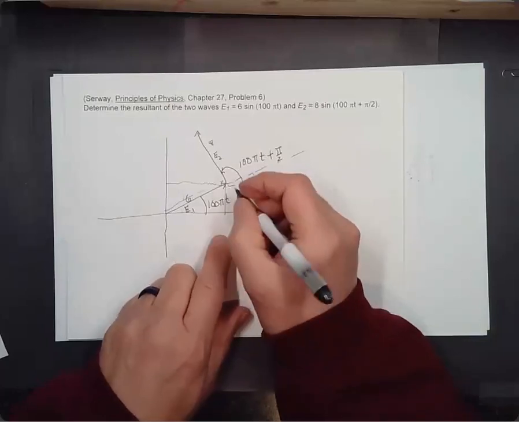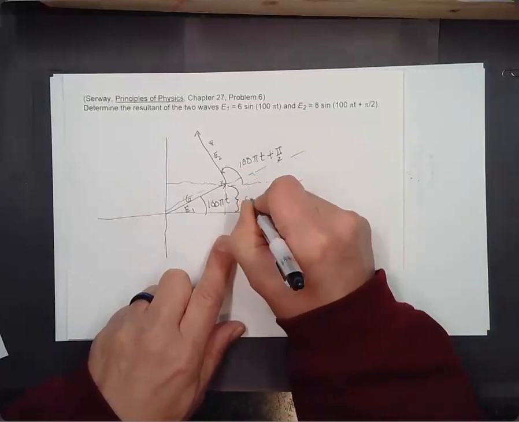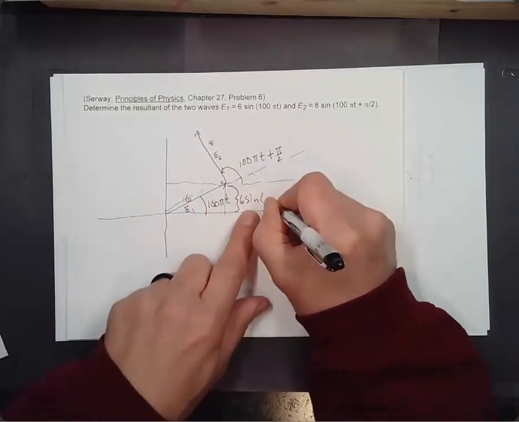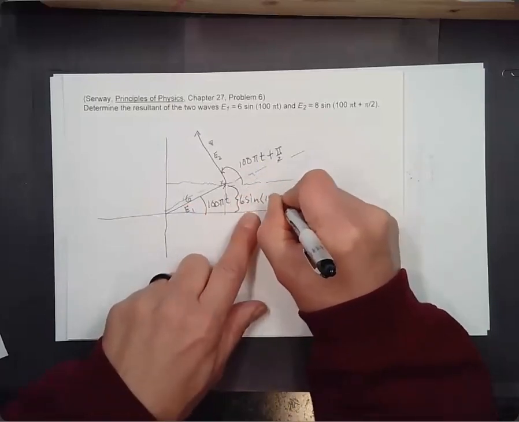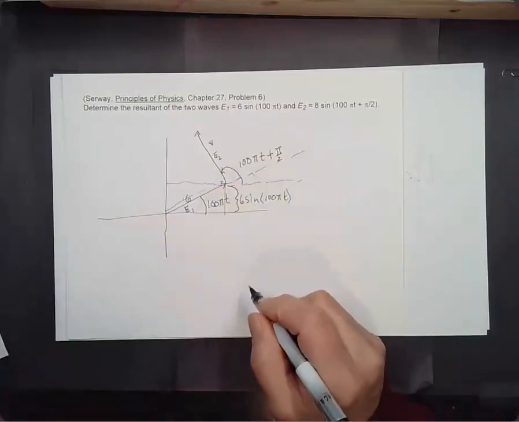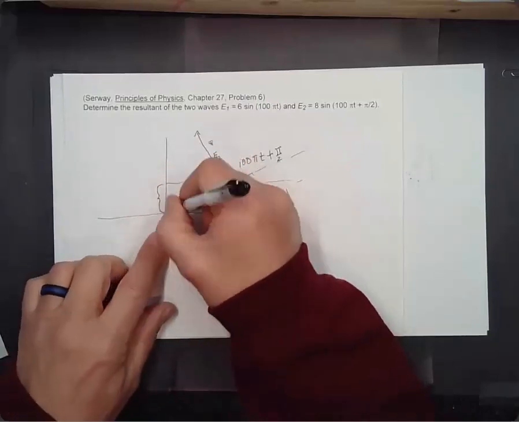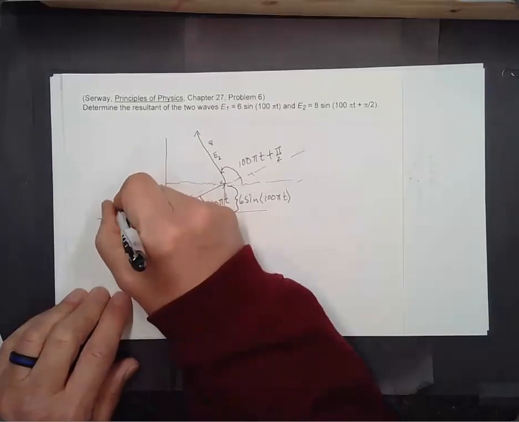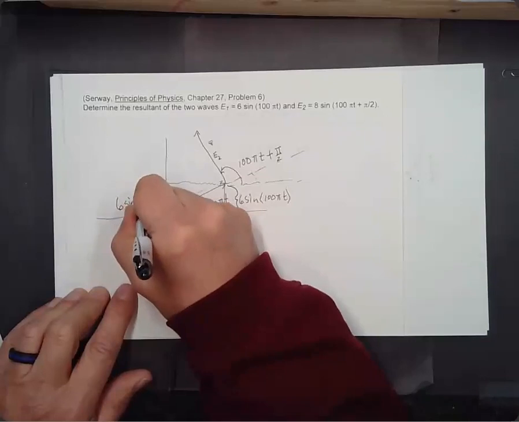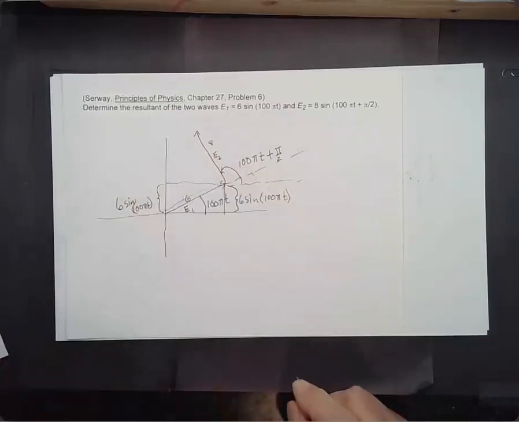That E1 will be 6 times the sine of 100 times pi times t, because the hypotenuse has a magnitude of 6. Well, that's the projection over here on the vertical axis. So this will be 6 sine of 100 pi t.